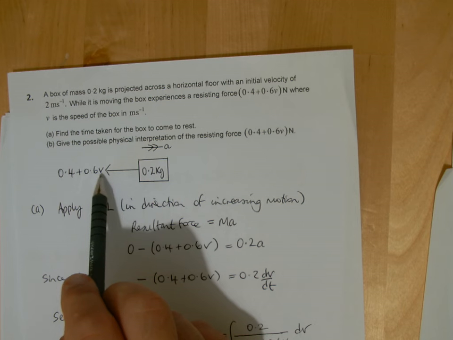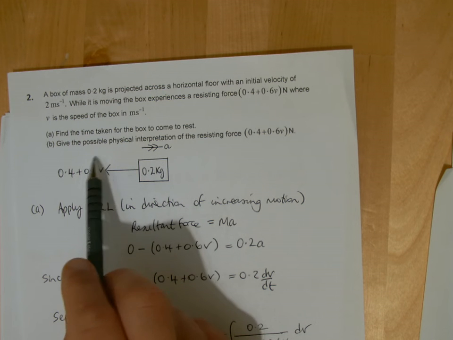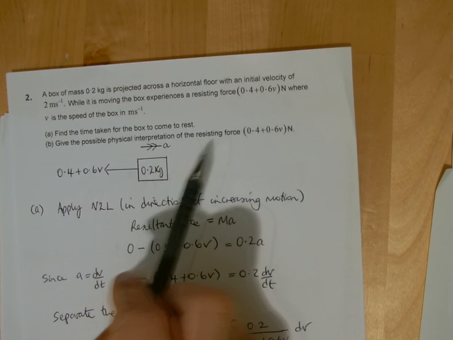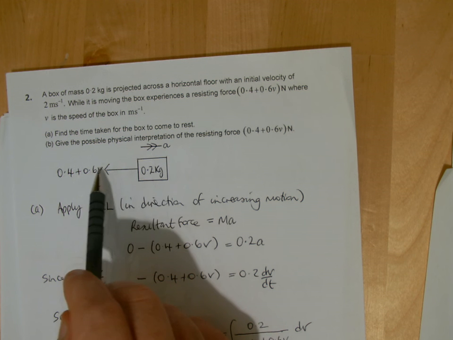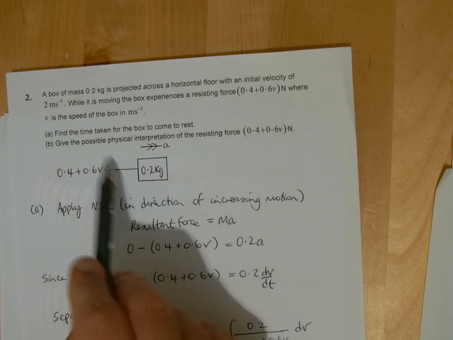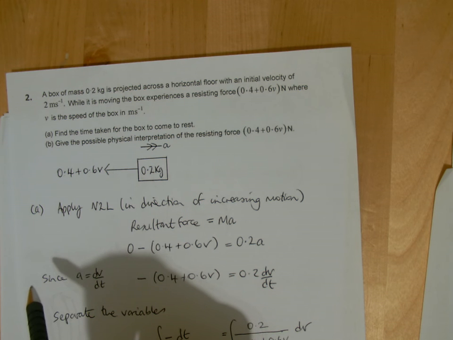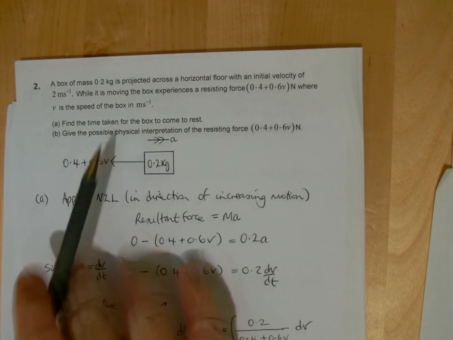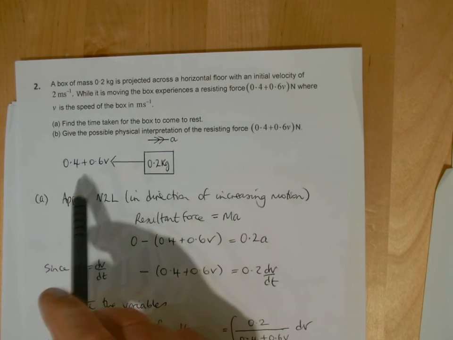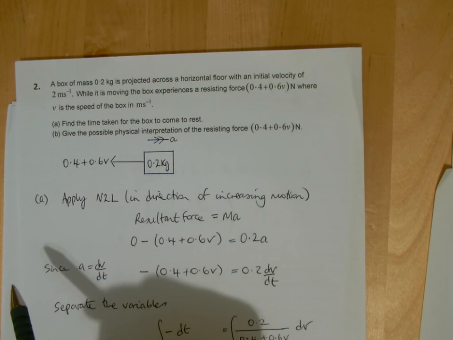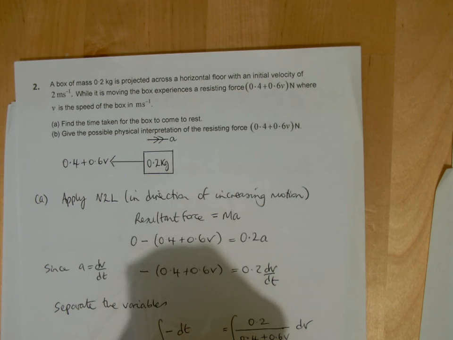The higher v is, the greater this part of the force is going to be, which means the greater the speed, the greater the overall resistance. So think about what physical cause can make this resistance get bigger as the speed increases.